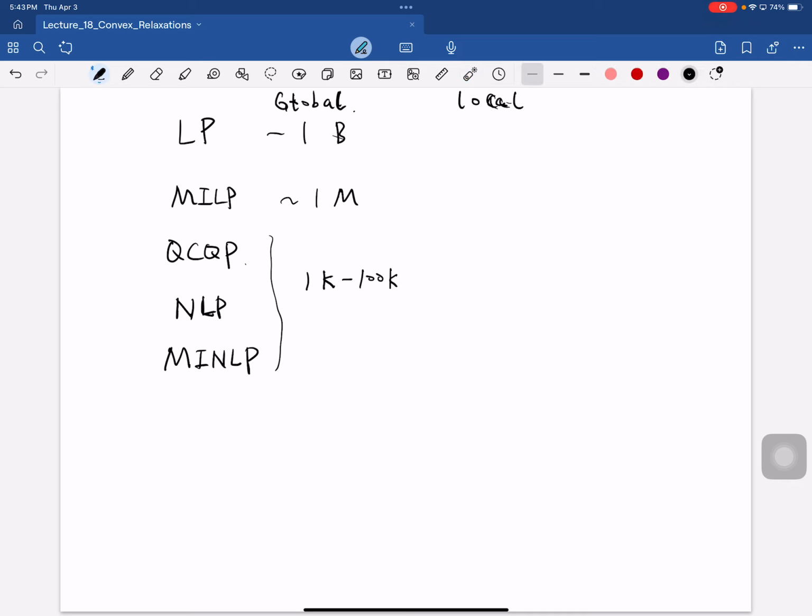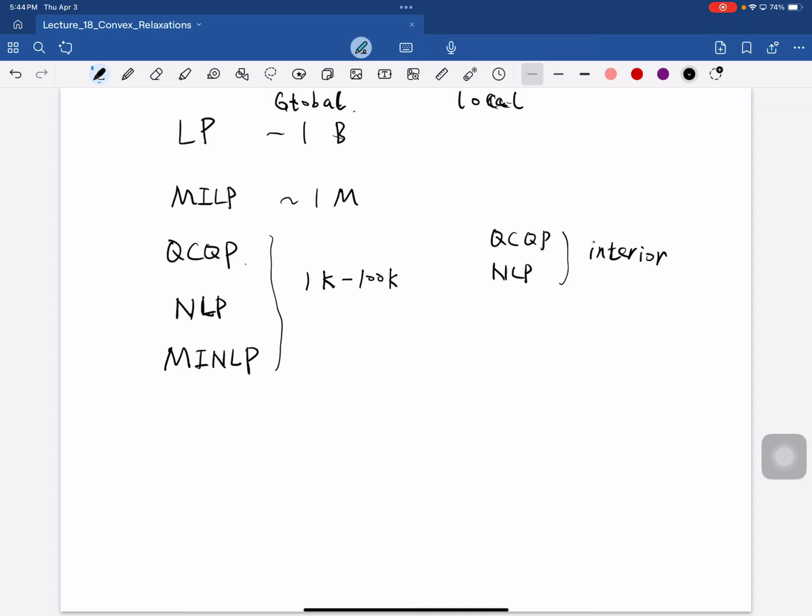Let's see. For local solvers, we could talk about QCQP and NLP. You could always use an interior point solver to solve these problems, because the interior point solver will return a KKT point for you. Although it may be a local minimum, for some problems a local minimum is already pretty nice.